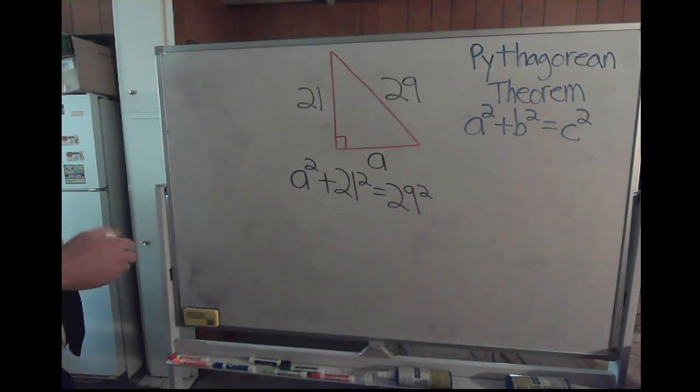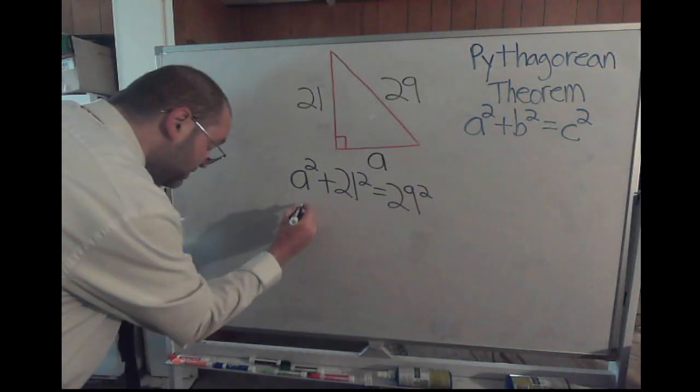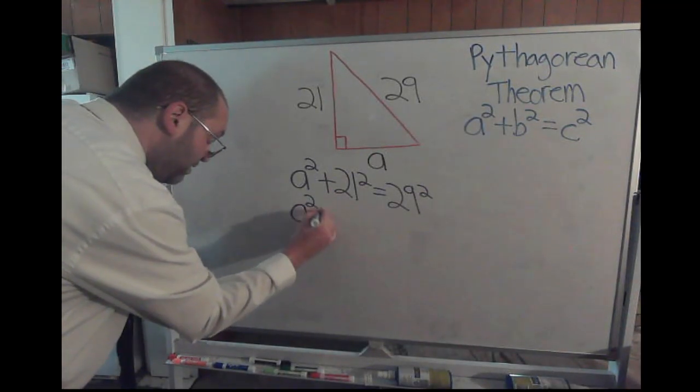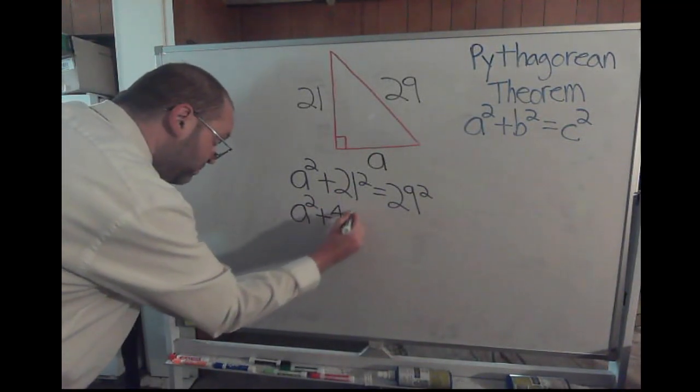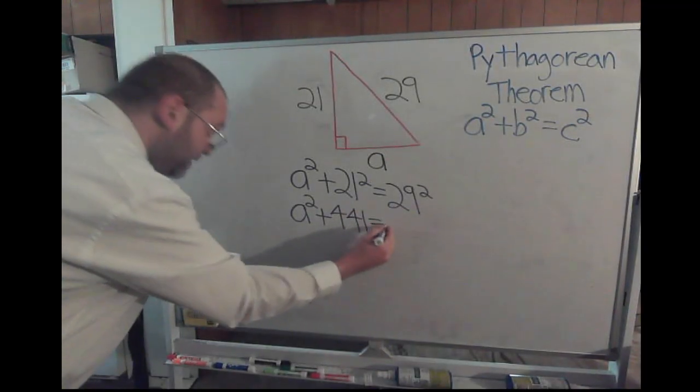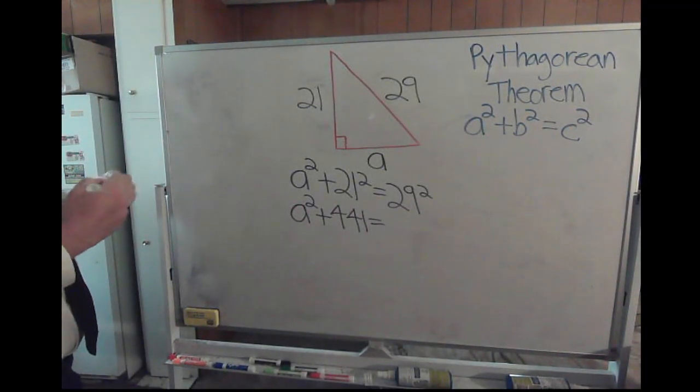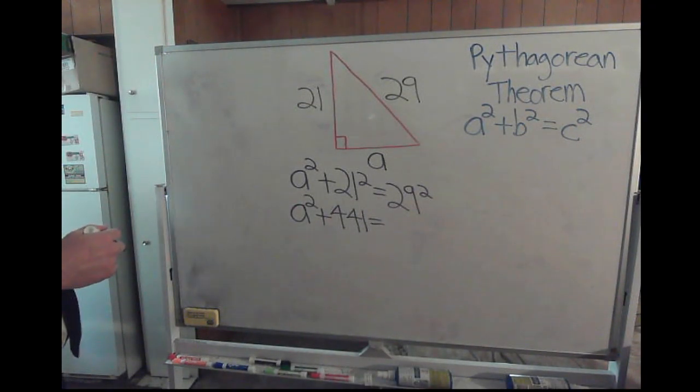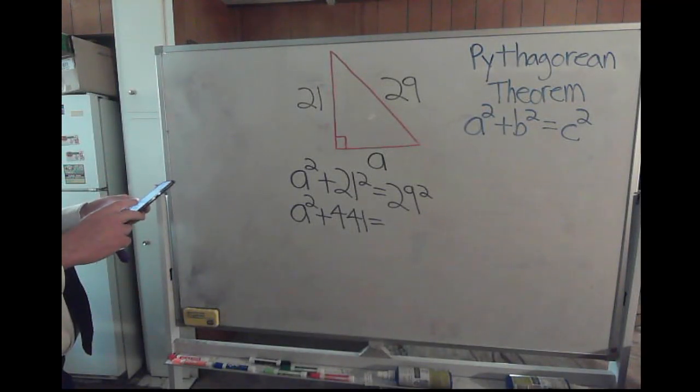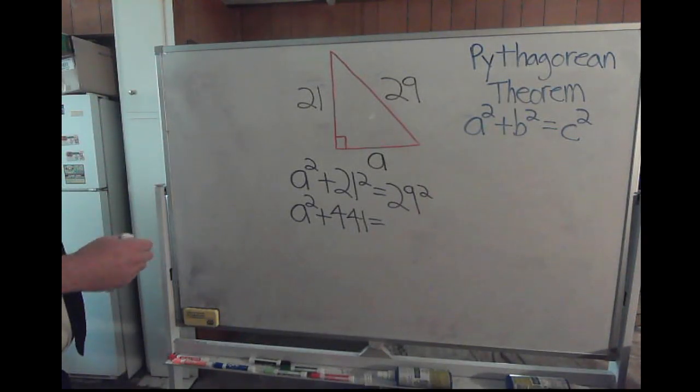That's 441. So I would end up getting A squared plus 441 would be equal to, now we need to figure out what 29 squared is. 29 to the second power, that's 841.